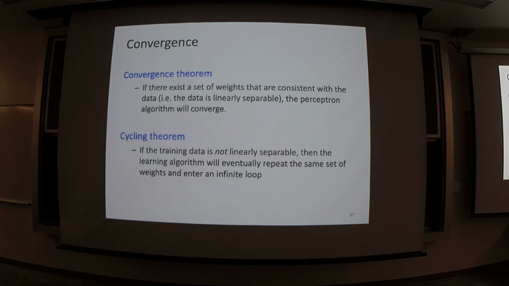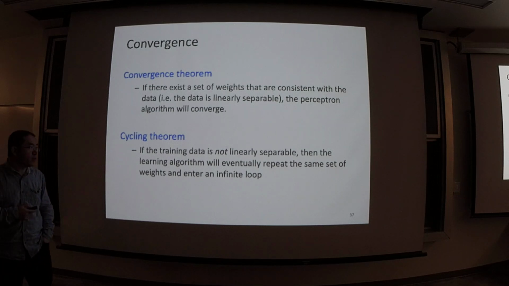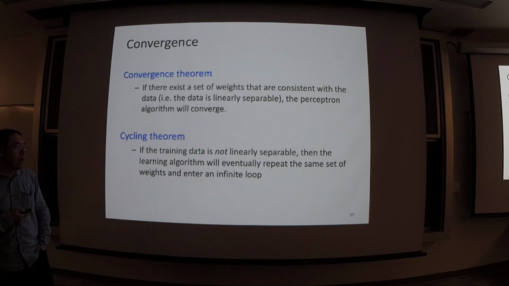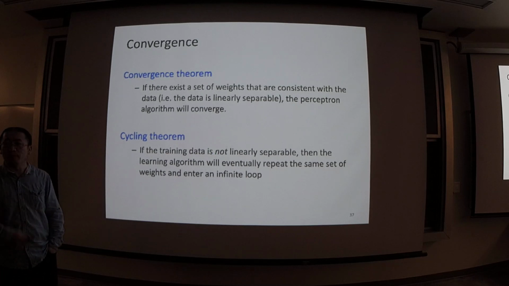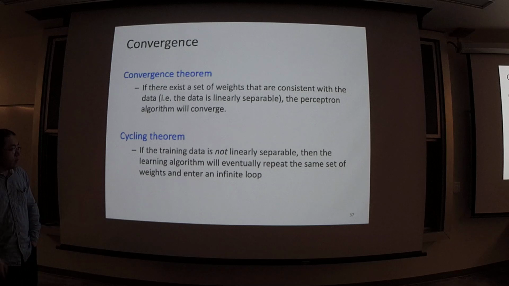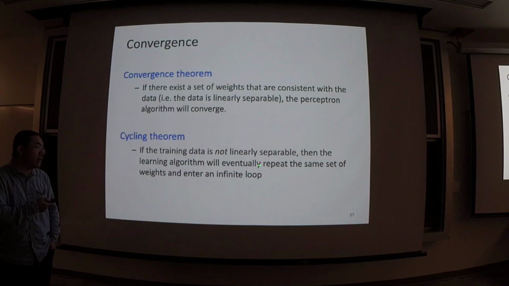Another conclusion is called the cycling theorem. So what is the cycling theorem? If the training data, unfortunately, is not linearly separable, then our perceptron will never stop, and eventually, as we keep making updates, it will enter into an infinite loop.